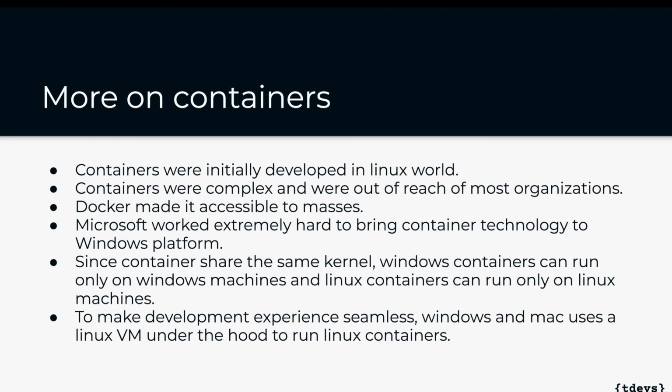They made containers quite accessible, so that anyone, whether a single developer or an organization, can use those containers and deploy their workloads onto them. Since containers were developed for Linux only, Microsoft came up with an idea to port them onto the Windows platform as well. Containers share a kernel, either a Windows kernel or a Linux kernel.